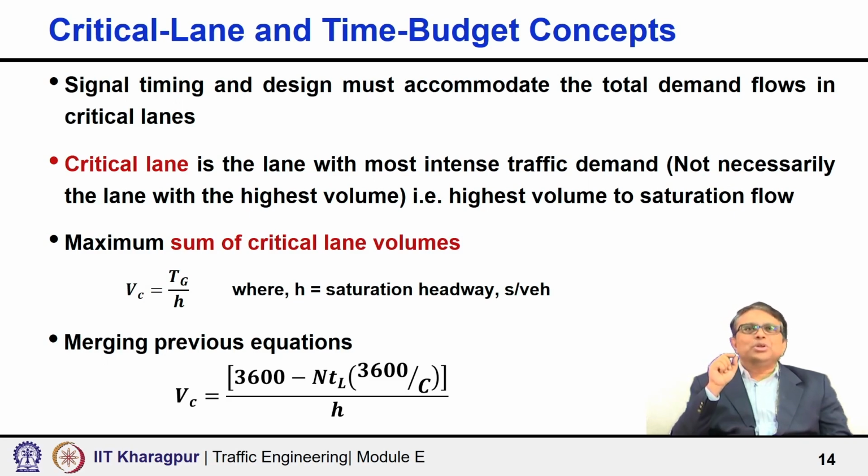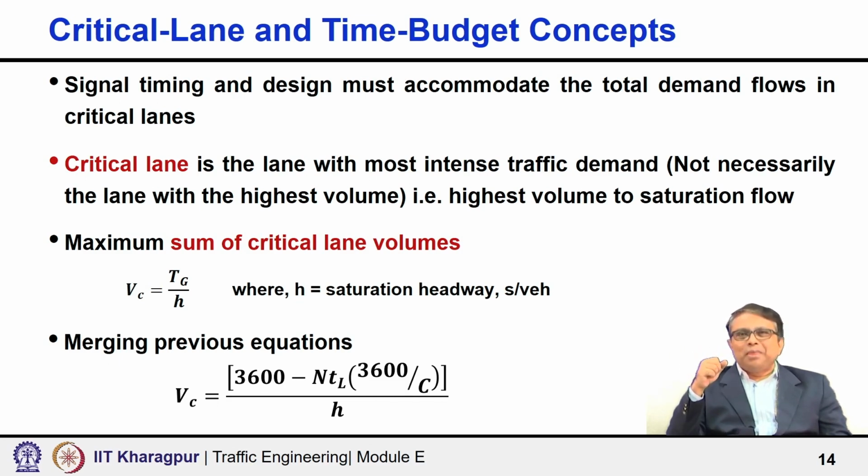Why this? Because if all lanes are equal, suppose all are single lane, then I can compare only based on the traffic volume. Then the one with the highest volume will be the critical one.